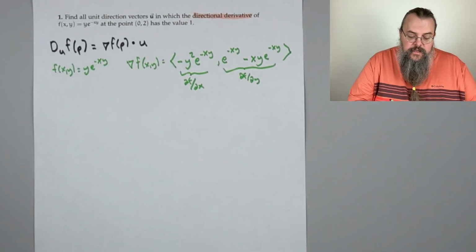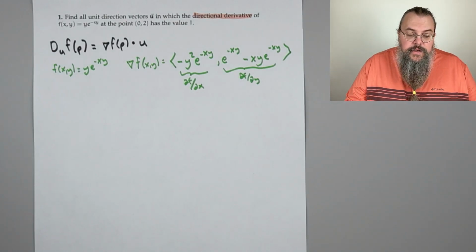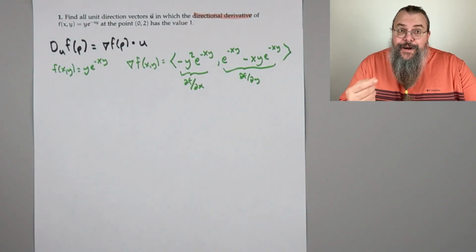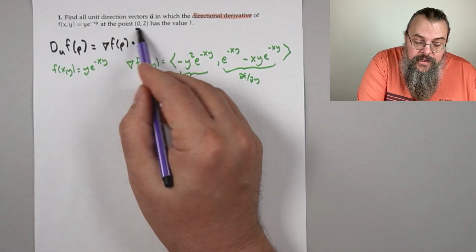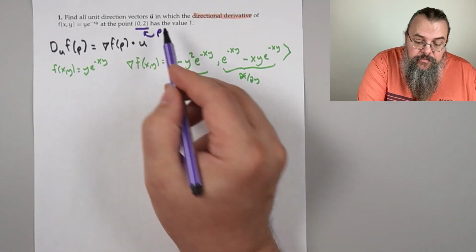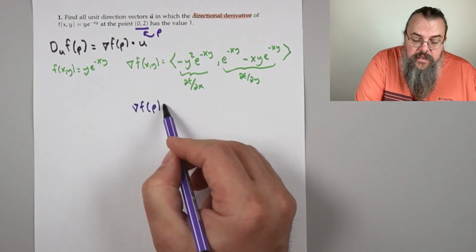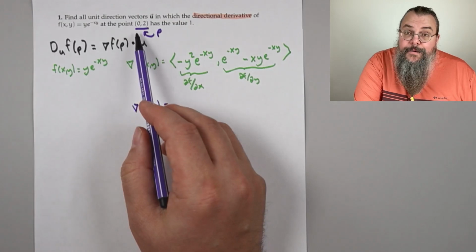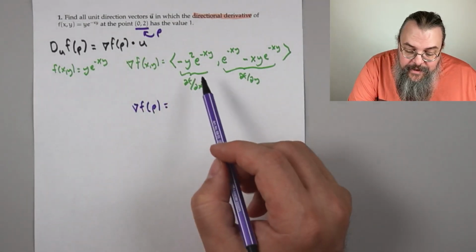All right, now we continue. Well, we're going to plug in our point. Our point is (0, 2). So here is our p. So the gradient of f at p is, well, anywhere where you see x, we have 0. Great, awesome.